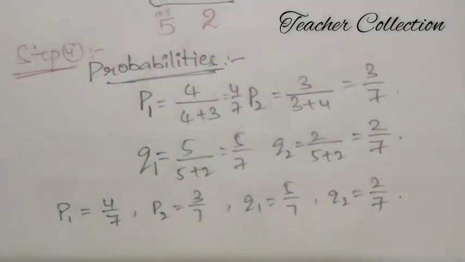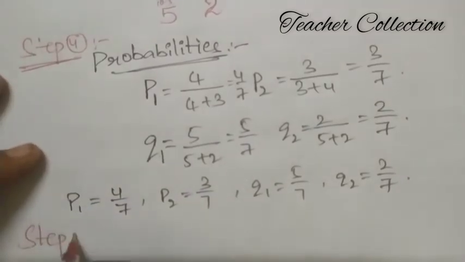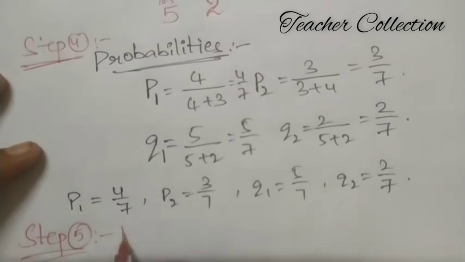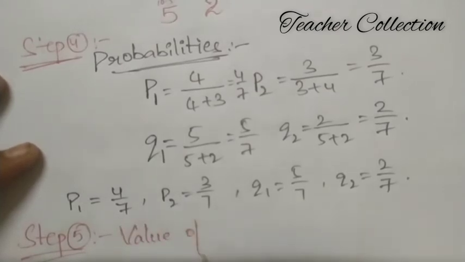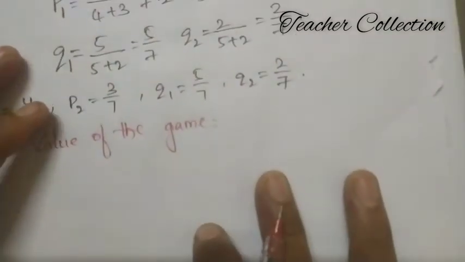Now step 5 is we have to find the value of the game. As I said already, there are formulas for the value of the game. We can use any formula.